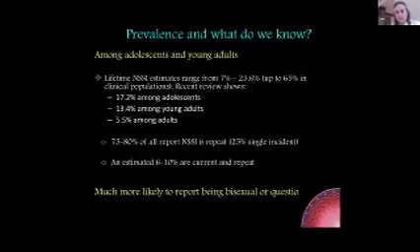So consistently, what we find is that people in the middle of the Kinsey scale, so we don't necessarily ask people to self-identify their sexual orientation, but we ask them who they are sexually attracted to or aroused by.